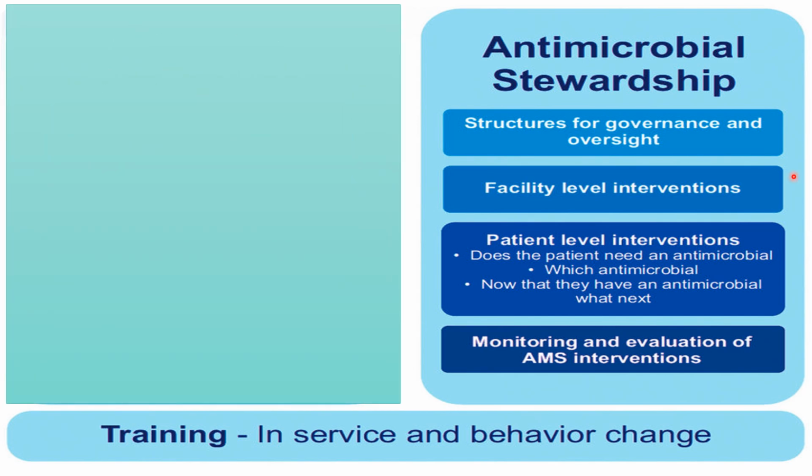The antimicrobial stewardship committee or program structures, governs, and oversees antibiotic use. They monitor at the facility level, and at the patient level: does the patient need an antibiotic or not, which antimicrobial, and now that they have an antimicrobial, what next. They also monitor and evaluate antimicrobial sensitivity interventions.